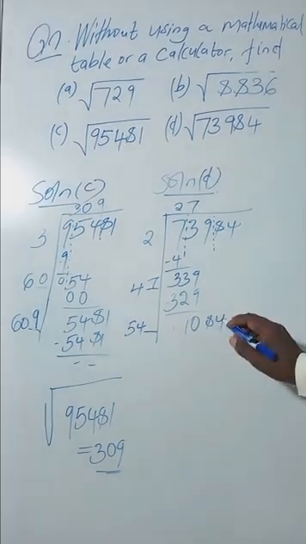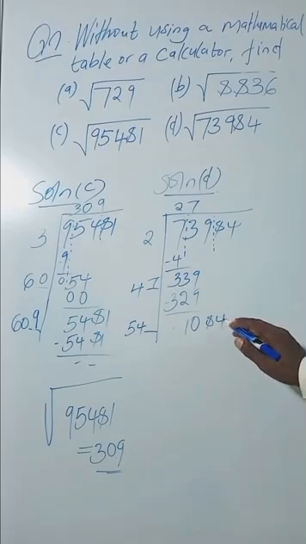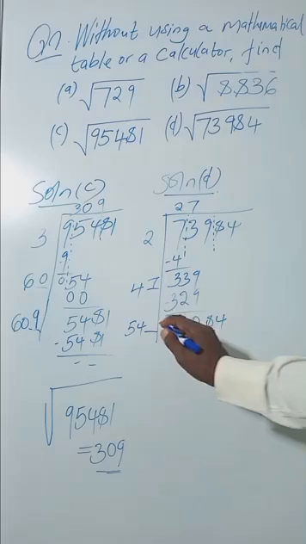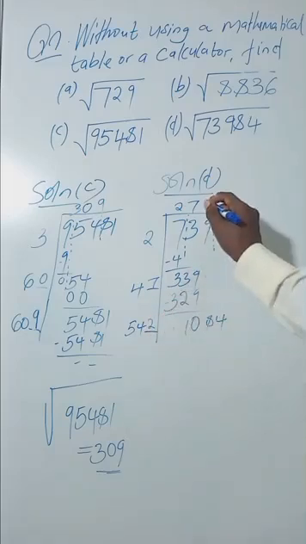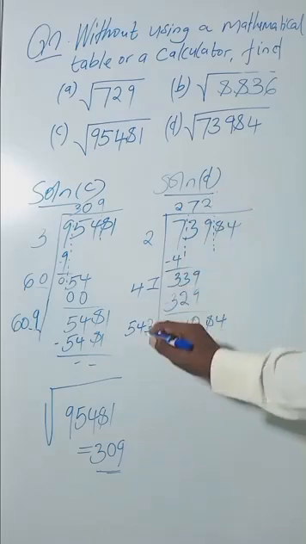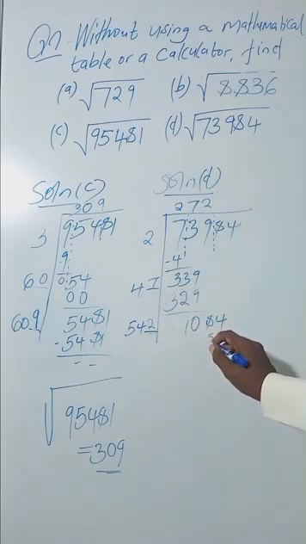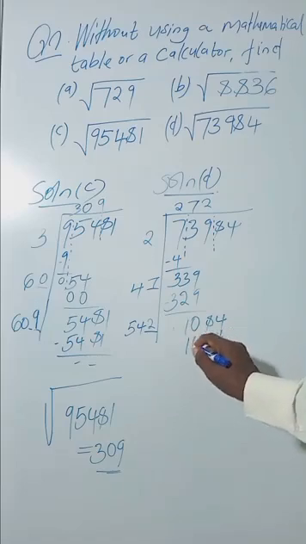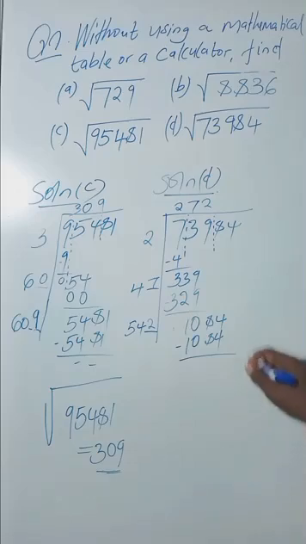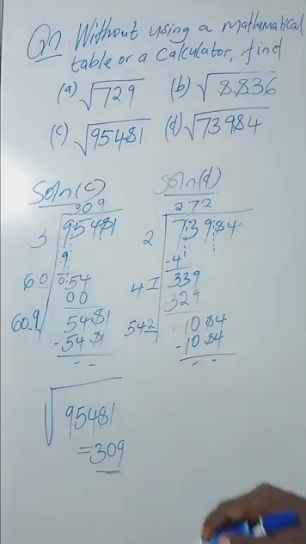There are only two ways you can get 4, either 1 times 4 or 2 times 2. So let's put 2 here, and we put 2 there. 2 times that one, we get 108, minus this is nil.